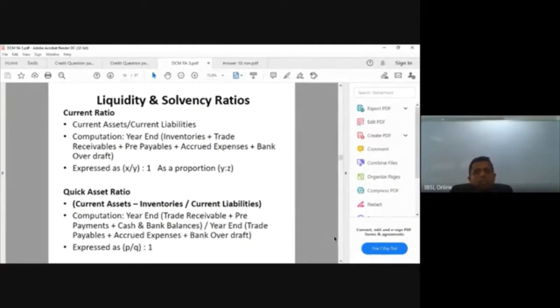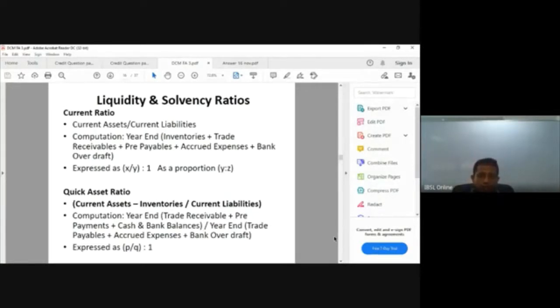That is also defined as quick assets, the higher liquidity assets. Then compare it with the current liabilities. There is a norm that it should be 1 is to 1. If the current liability is 1, you have to have quick assets of 1. Quick assets means current assets minus inventory.